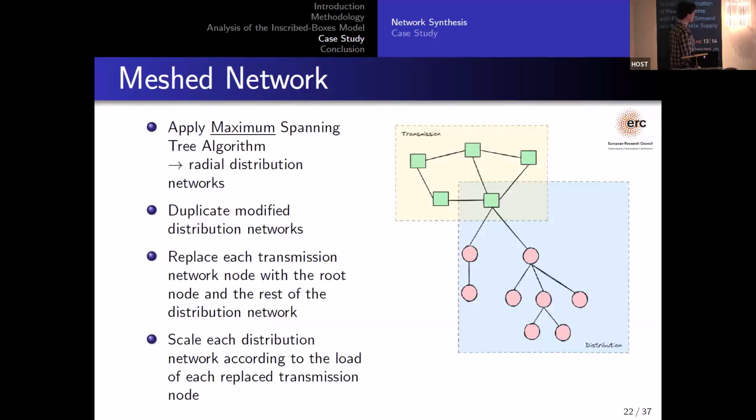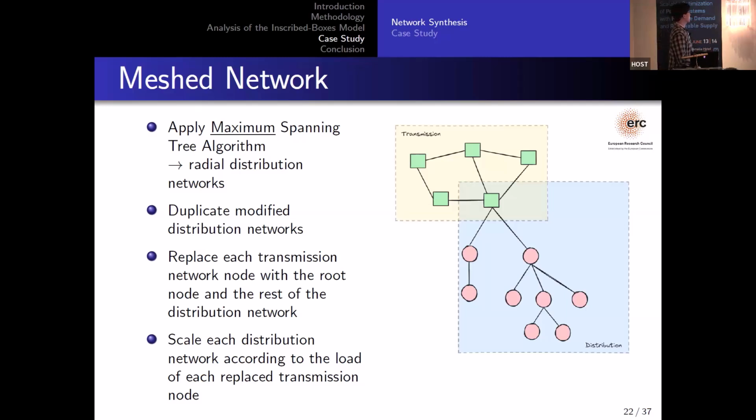So what we basically did was we had a distribution network. We took the root node of the distribution network and replaced the transmission node on the Belgium network with it. And to expand a bit more, we applied the maximum spanning tree algorithm to each distribution network in order to gain radial distribution networks.